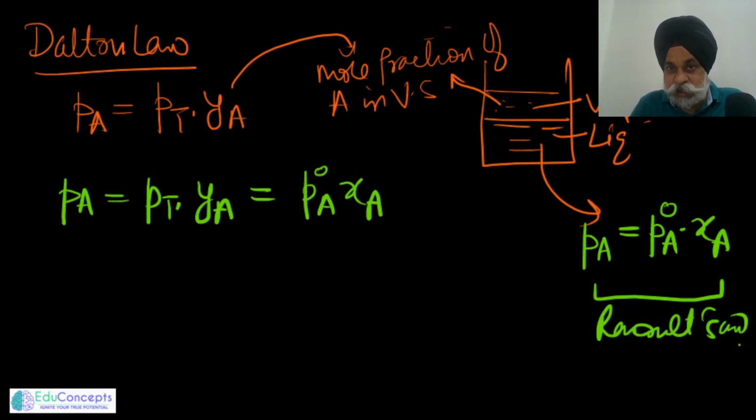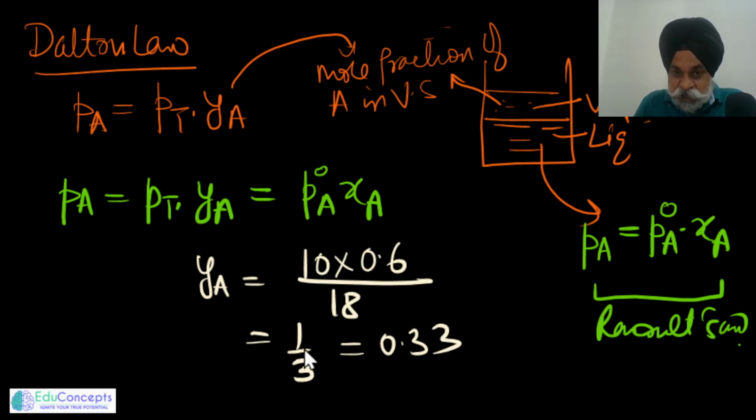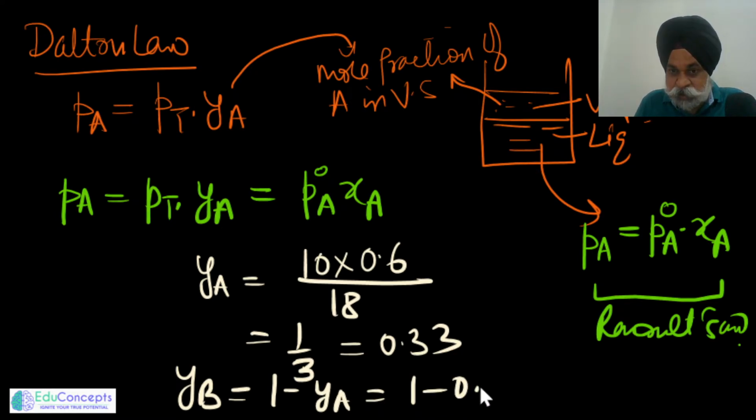So from this data, I can evaluate YA. What is YA? The mole fraction of A in the vapor state at a pressure of 18 torr. So it is 10 into 0.6 divided by 18. This comes out to be 1 by 3, that is 0.33. So YA is 0.33. YB can be written as 1 minus 0.33, that is 0.67.